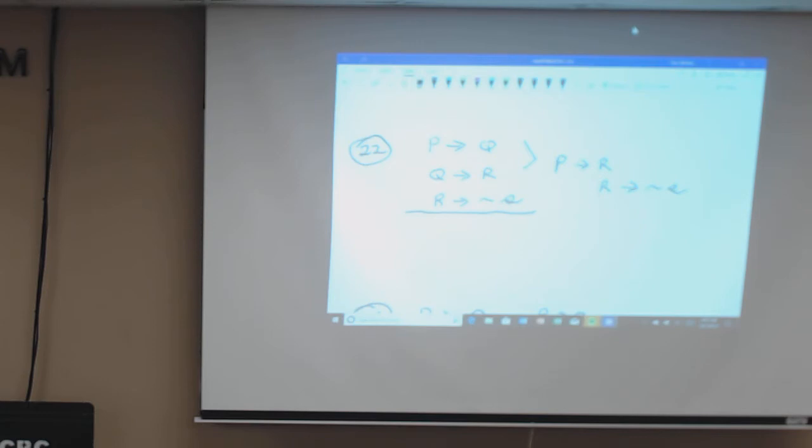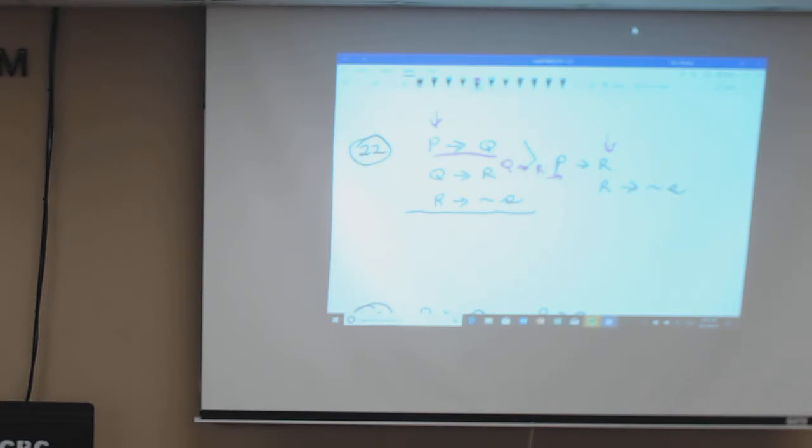Watch. If P, then Q. And if Q, then R, see that? Then that would result in if P, then R. Do you follow that? That chain thinking?